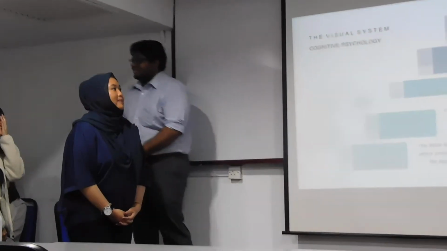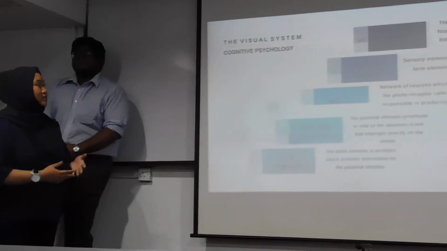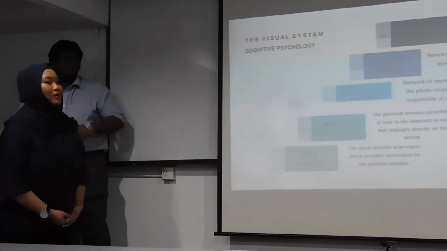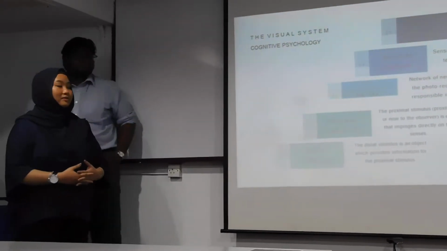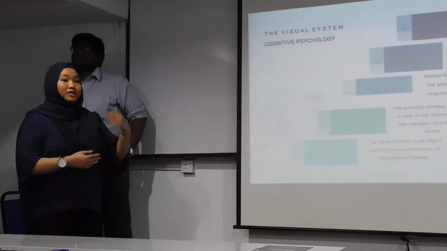So the visual system has 5 components. There's distal stimulus, proximal stimulus, retina, sensory memory, and the primary visual cortex. The distal stimulus is an object which provides information for the proximal stimulus, for example, a tree.